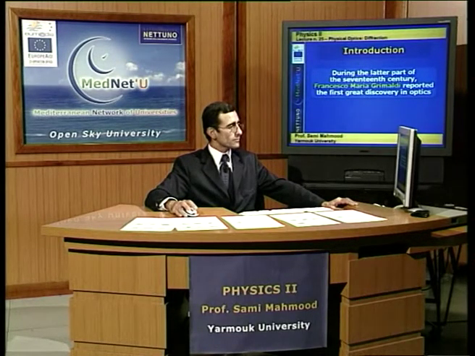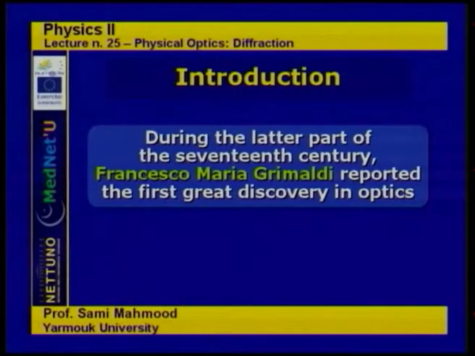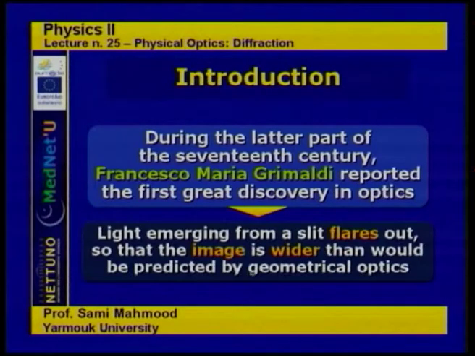Historically, during the later part of the 17th century, Francesco Maria Grimaldi, a great scientist, reported the first great discovery in optics, when he observed that light emerging from a slit flares out, and thus the image looks wider than it would be if we assume geometrical optics.